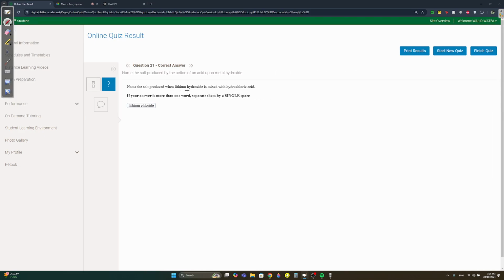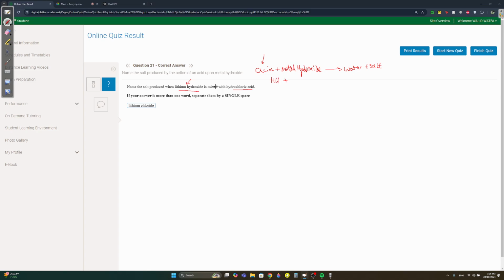Question 21. Name the salt produced when lithium hydroxide is mixed with hydrochloric acid. This is a metal hydroxide plus an acid. What do you get? You get a salt. How do you know what the salt is? Let me write it properly. You always write the acid first: acid plus metal hydroxide gives water plus salt. This is the reaction. What's the acid? HCl.